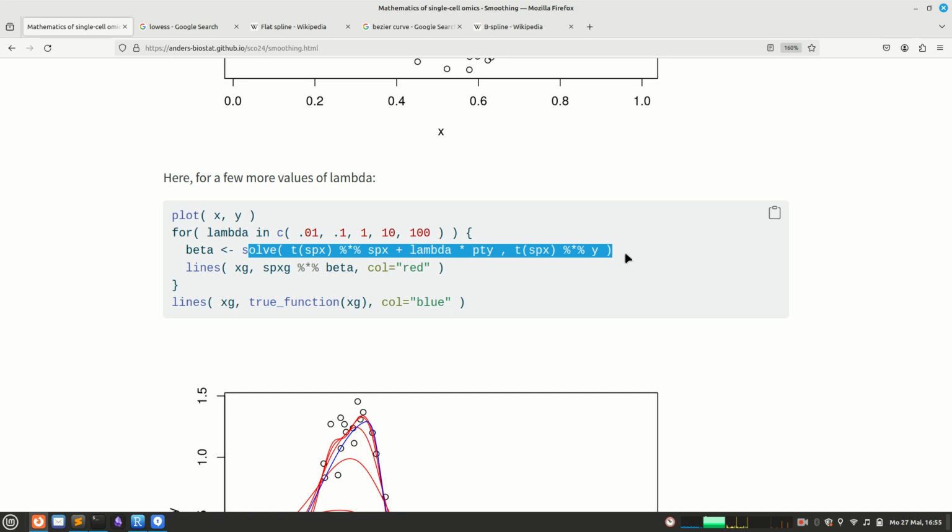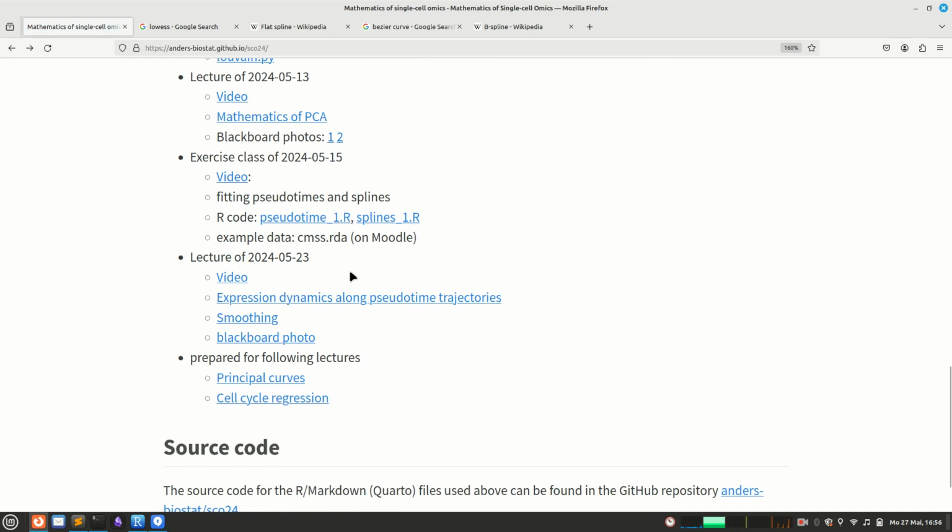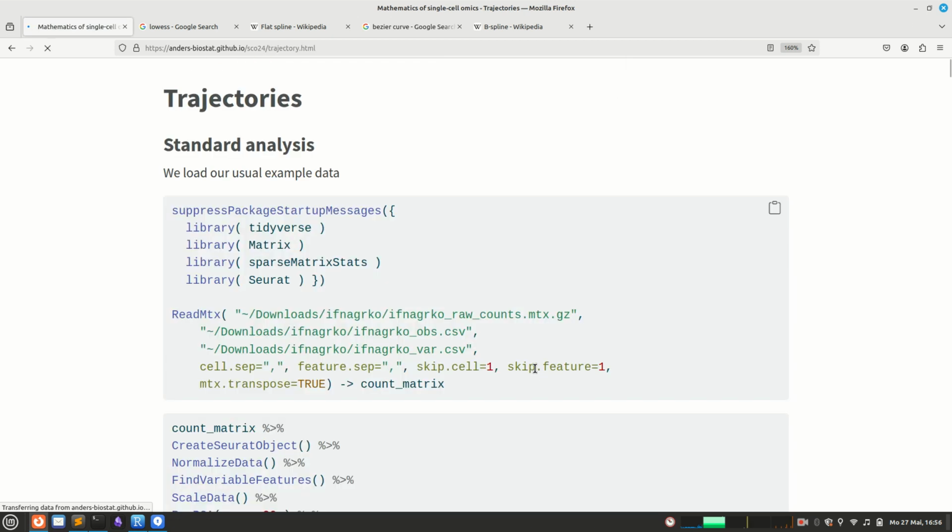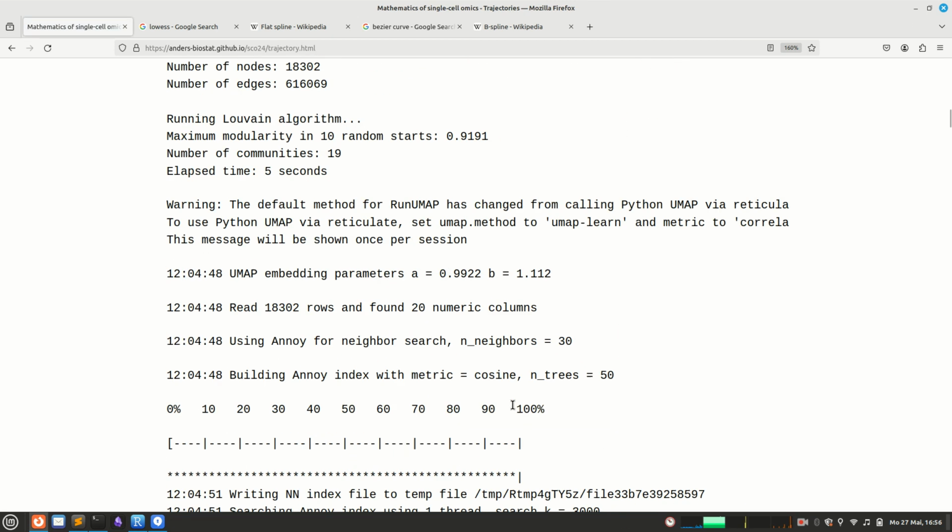So now we know how to smooth in 1D, and we can go back to our 30-dimensional PCA space and see how we smooth there. And that's what we did last time.